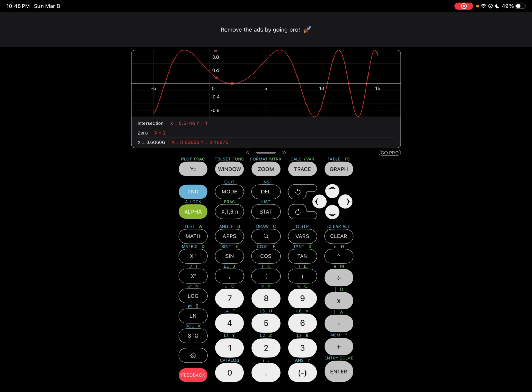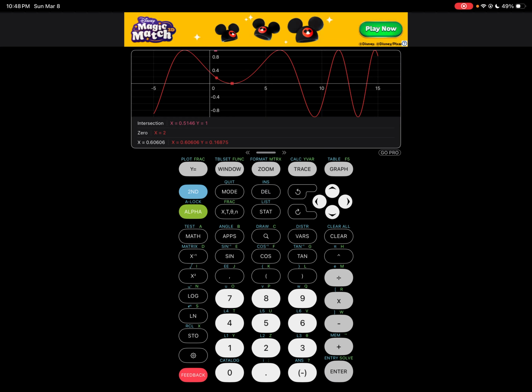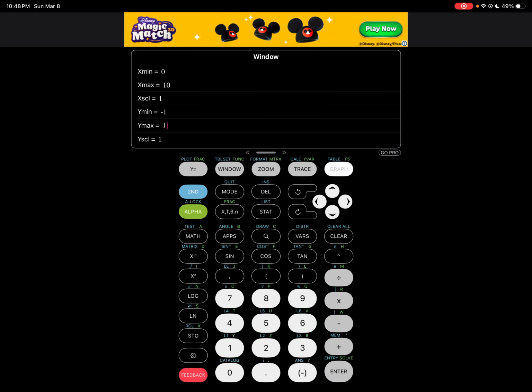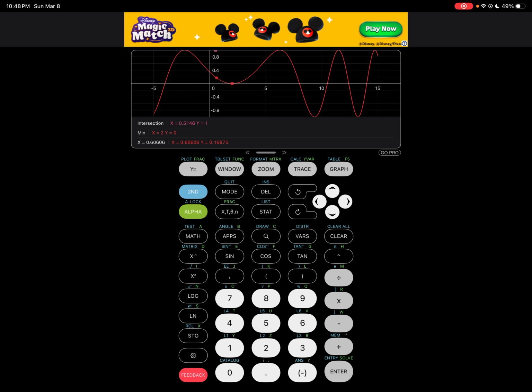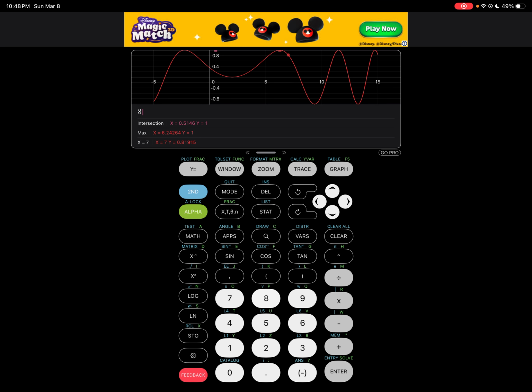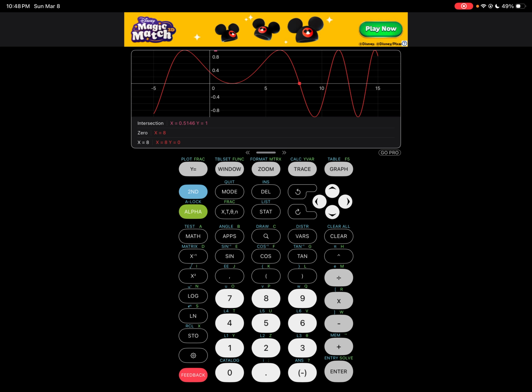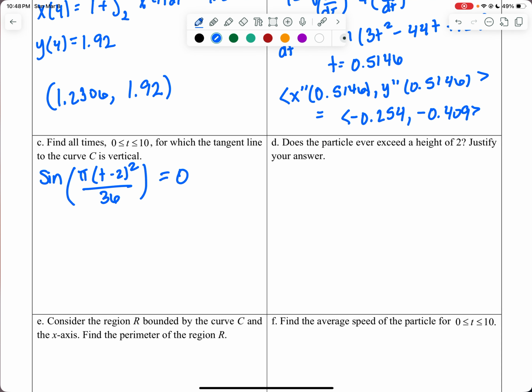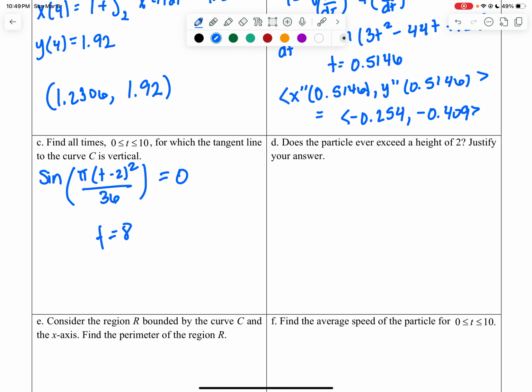Okay. So from 0 to 10, I have 1 at 2, and then I have another 1 at 8. So t is equal to 8, and t is equal to 2.